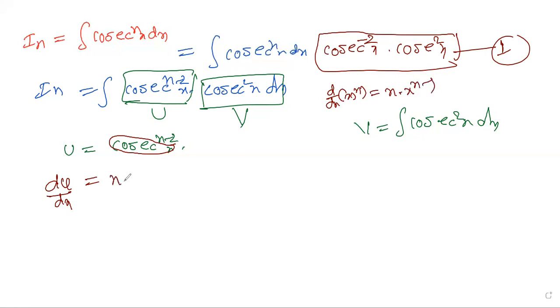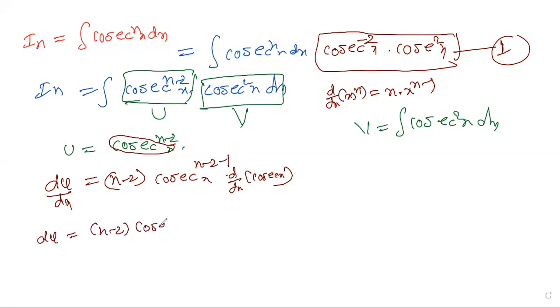Similarly, n minus 2 into x power n minus 3, then the internal derivative, that is d by dx of cosecant x. Clear? The next step: du is equal to n minus 2 into cosecant power n minus 2 minus 1, that is n minus 3. The derivative of cosecant x is minus cosecant x cot x. Remember: minus cosecant x cot x.